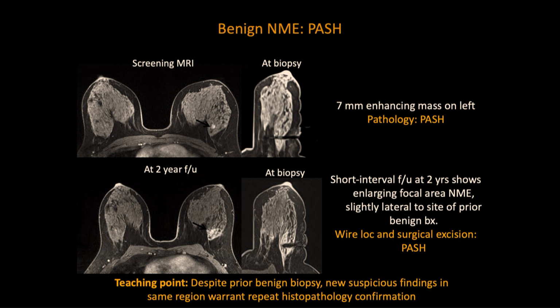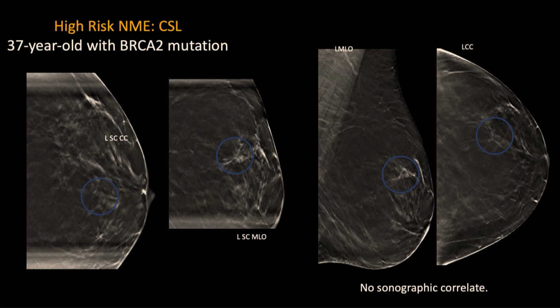And so she got off the BI-RADS 3 train, as I like to call it, and underwent wire localization and surgical excision, and this again was PASH. But despite the prior benign biopsy, if a finding is growing or new, then it's important to repeat biopsy for histopathology confirmation.